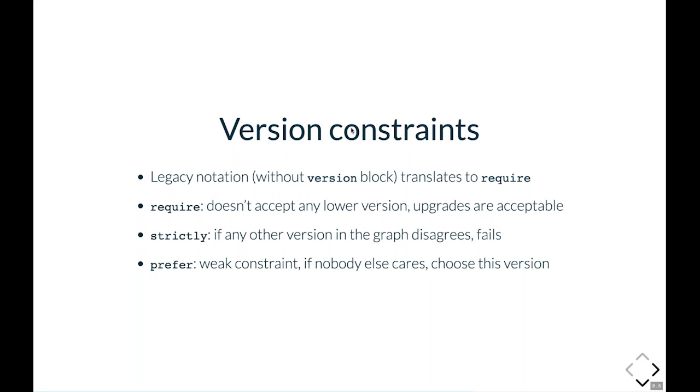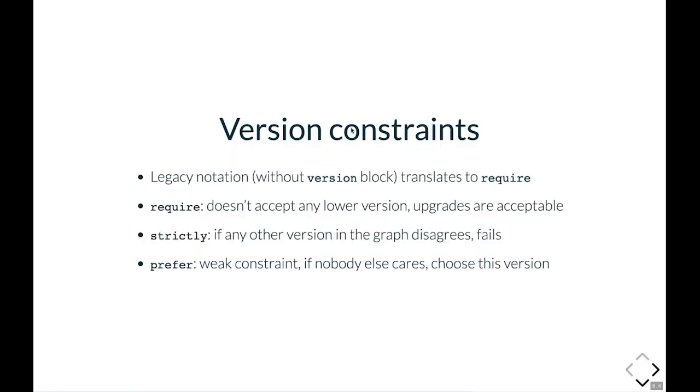In most cases, when you see 1.1 in a build file, it means I can probably live with anything higher than this. But lower, never tried, maybe not. So we try to upgrade. That's what most build tools do. They optimistically upgrade dependencies. So this is the meaning of require.